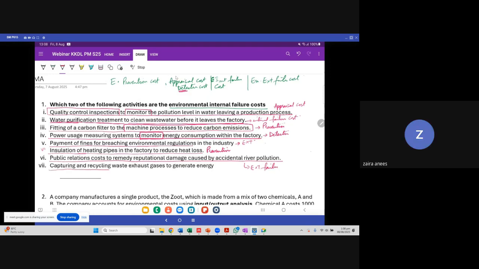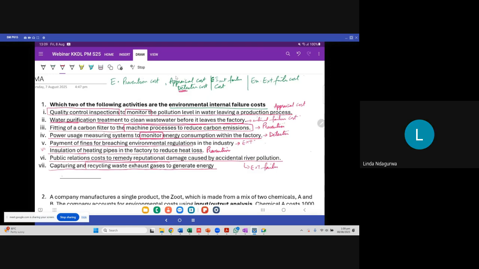Capturing and recycling waste exhaust gases to generate energy. We are recycling it. That means a loss has been produced, wastage has been produced, but we are trying to recycle it so that we can reduce the damage.